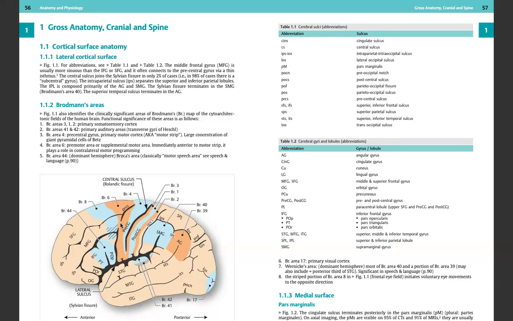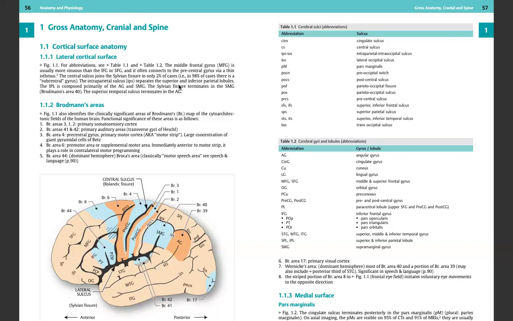Hello? Am I audible? Yes, you are audible, and we can see your cursor also. Okay, great. So this is the isthmus that connects the middle frontal gyrus to the central gyrus.